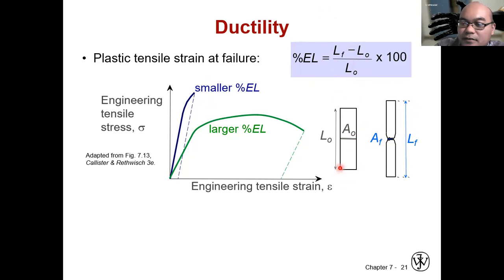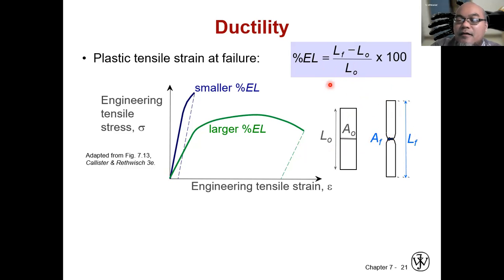It cannot go back to its original condition because it is already beyond the linear elastic region. We then multiply by 100 to take the percentage. This is the definition of ductility.